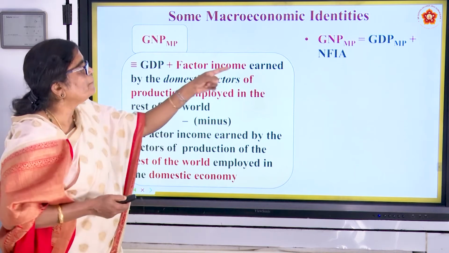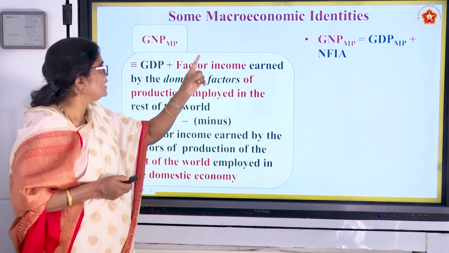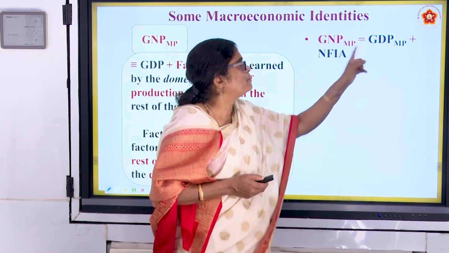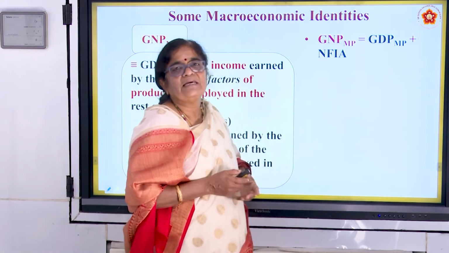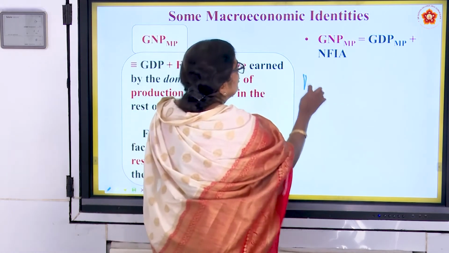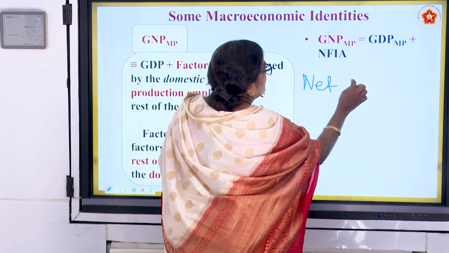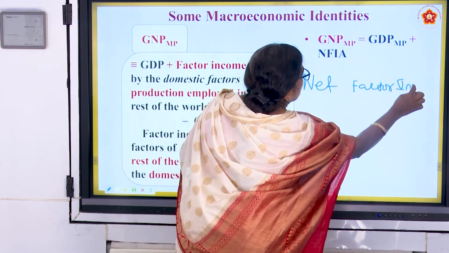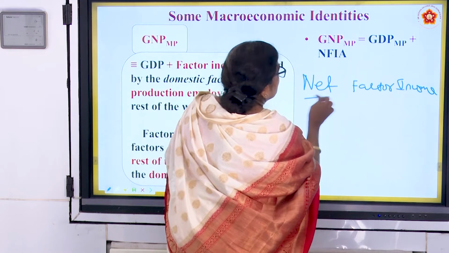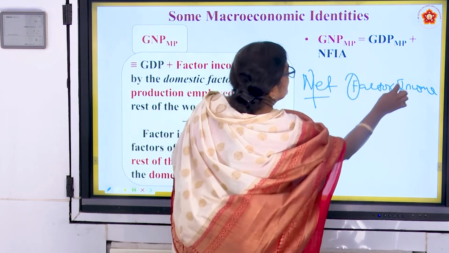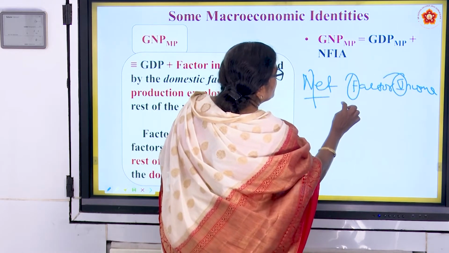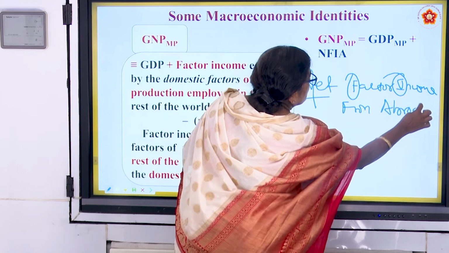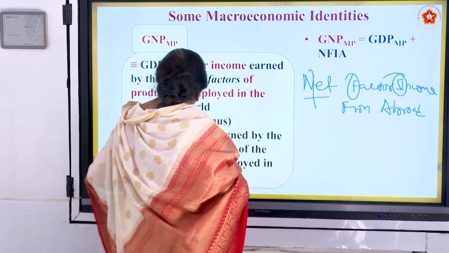Therefore, GNP, gross national product, is nothing but GDP at market price plus NFIA. NFIA means net factor income from abroad. Abroad means from foreign countries. That is what is denoted by NFIA.